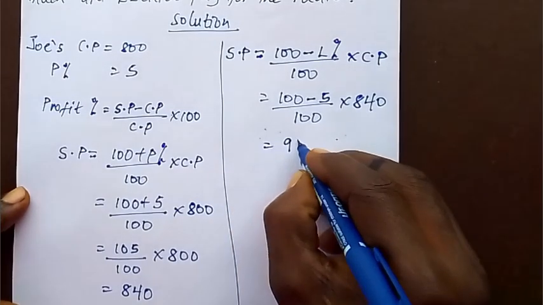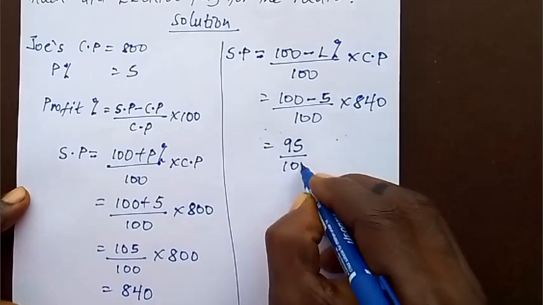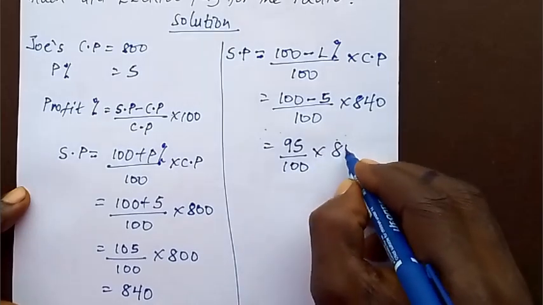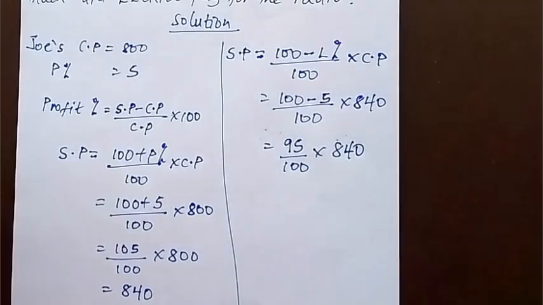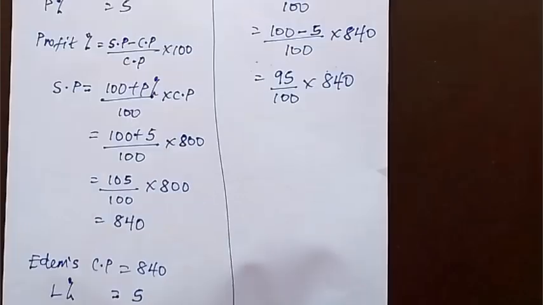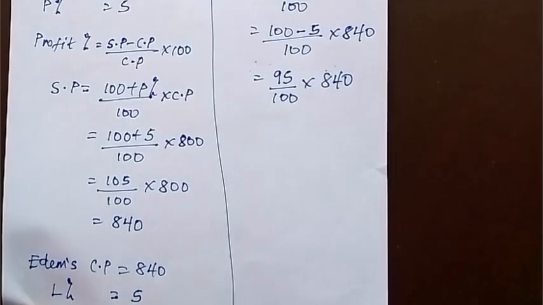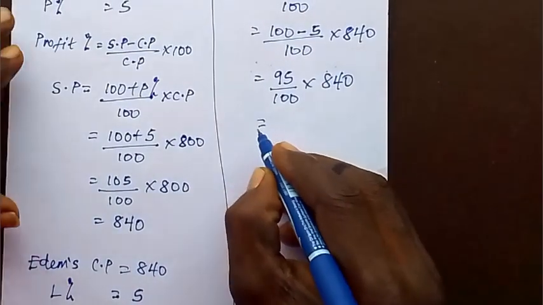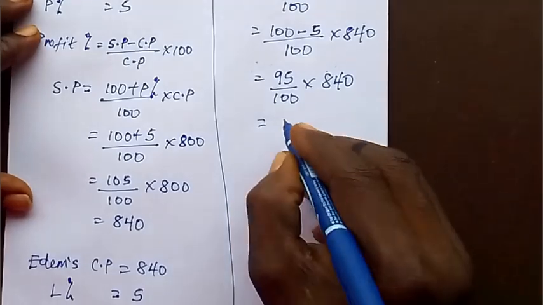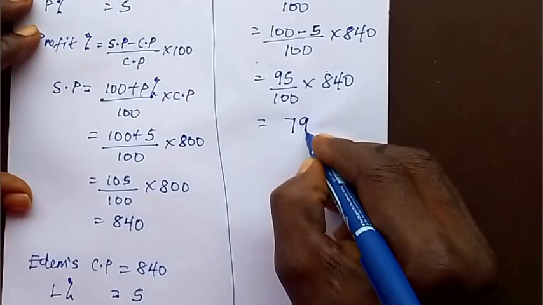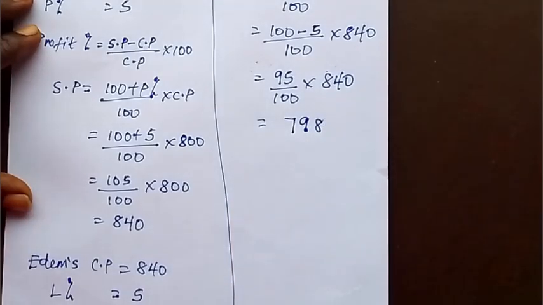This is 95 over 100 times 840. From this, this is giving us 798 Ghana cedis. Now this is a selling price for Edem.